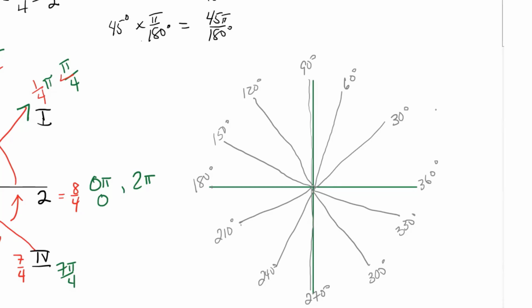So we're going to go 1/6 of the way to 180, 1/6. And then 2/6. What does 2/6 reduce to? 1/3. And then 3/6. What does 3/6 reduce to? 1/2. And then 4/6. What does 4/6 reduce to? 2/3. 5/6 would be next. That doesn't reduce, it's just 5/6. And what would be next? 6/6, which is 1.